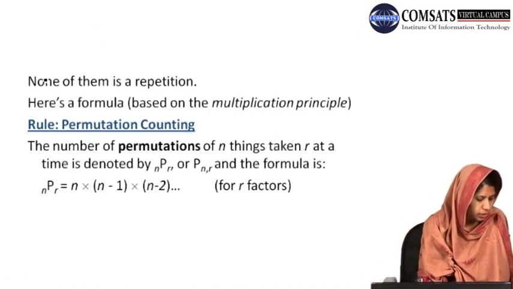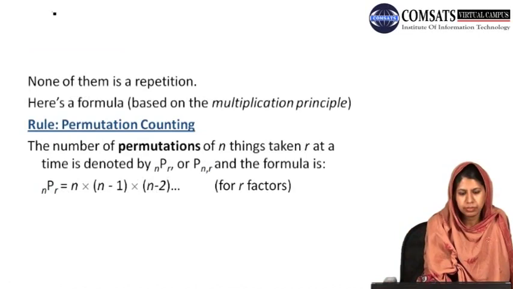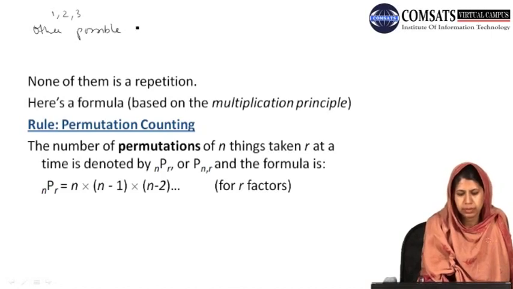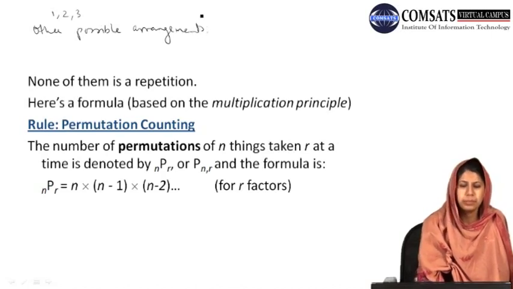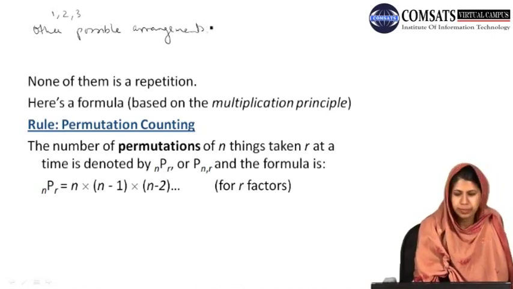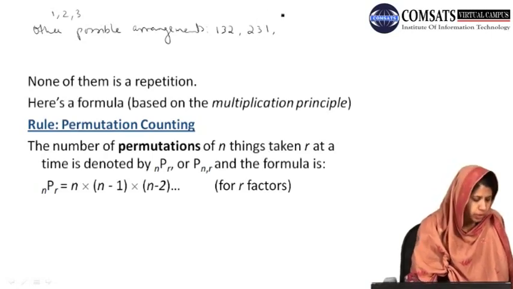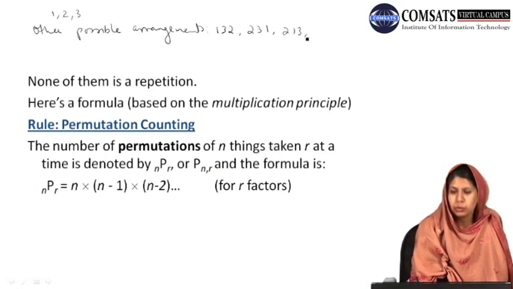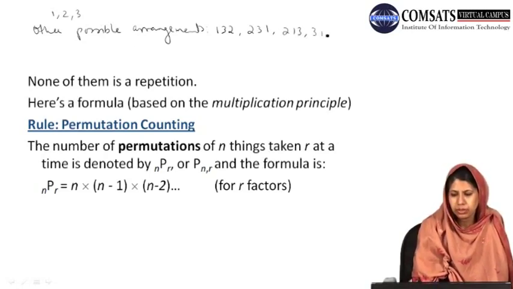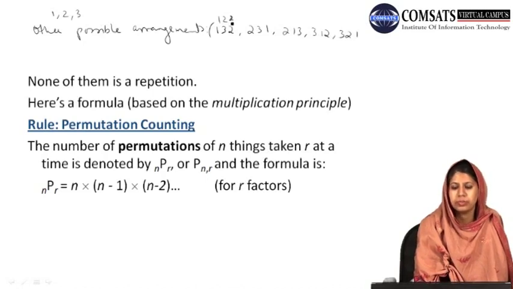So the other possible arrangements from our set having elements 1, 2 and 3 are 1, 3, 2, 2, 3, 1, 2, 1, 3, 3, 1, 2 and 3, 2, 1, and our first arrangement was 1, 2, 3.